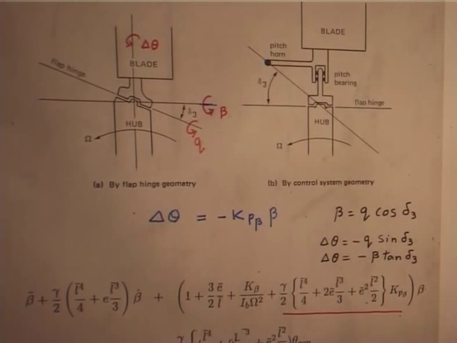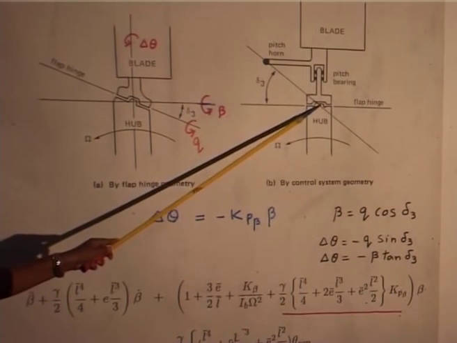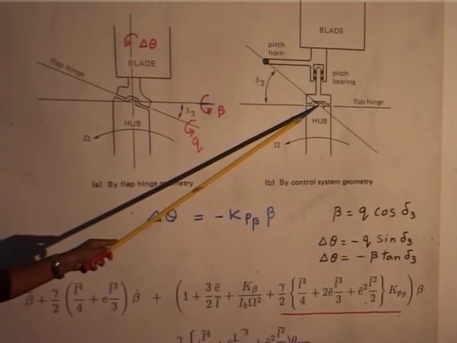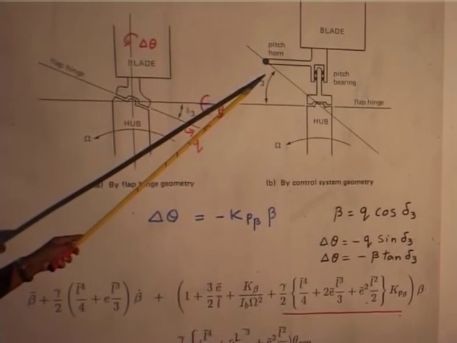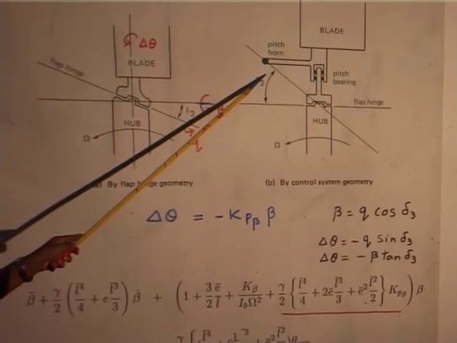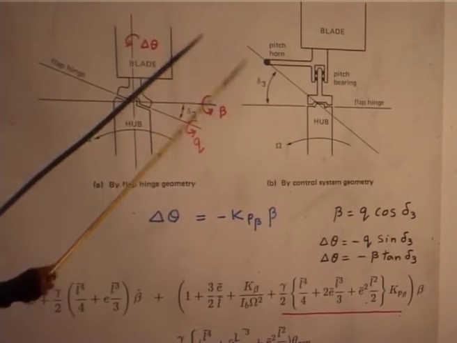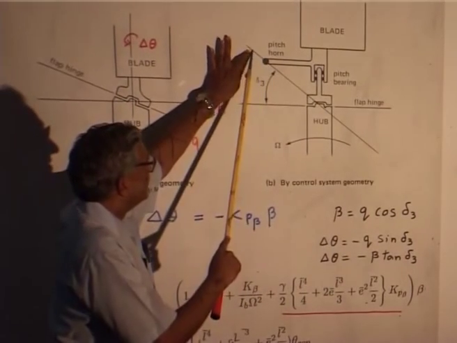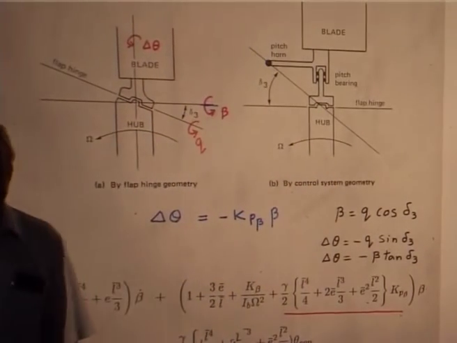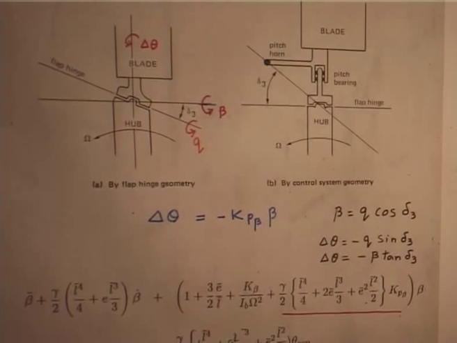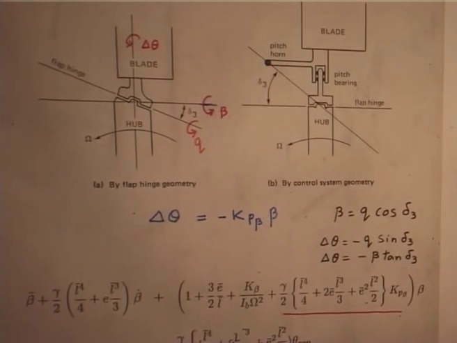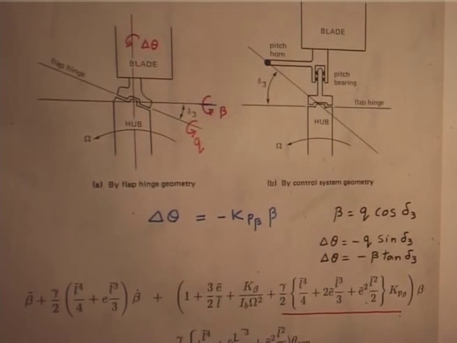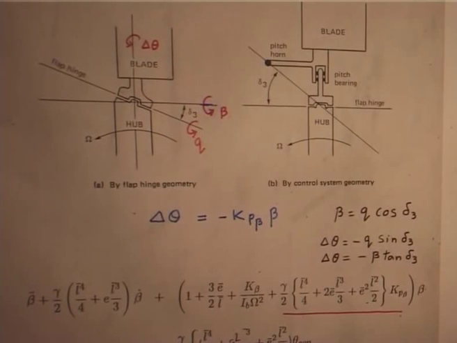Then when it is flapping, the flap hinge is here, but this point cannot come out because it is held, which means it has to rotate about this axis, because 2 points are held, and you introduce a delta 3 coupling. So, this happens automatically when your pitch horn is kept in some place. So, in the design it is a little tricky.